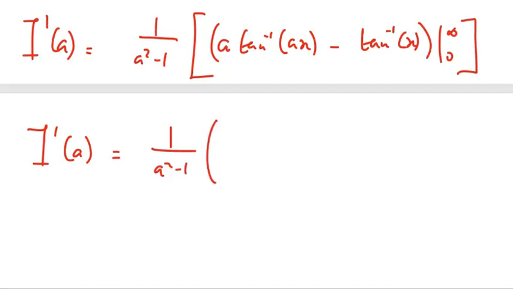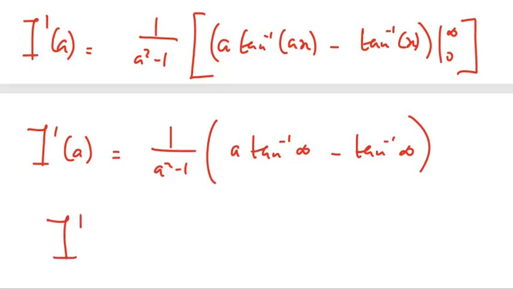So here, the a arctangent of infinity, right? That is putting the upper limit first. No need for the lower limit because the tangent of 0 is 0, right? So let's just make use of the upper limit. So a, the inverse tangent of infinity, minus the inverse tangent of infinity. So here I prime of a is equal to 1 over a squared minus 1.